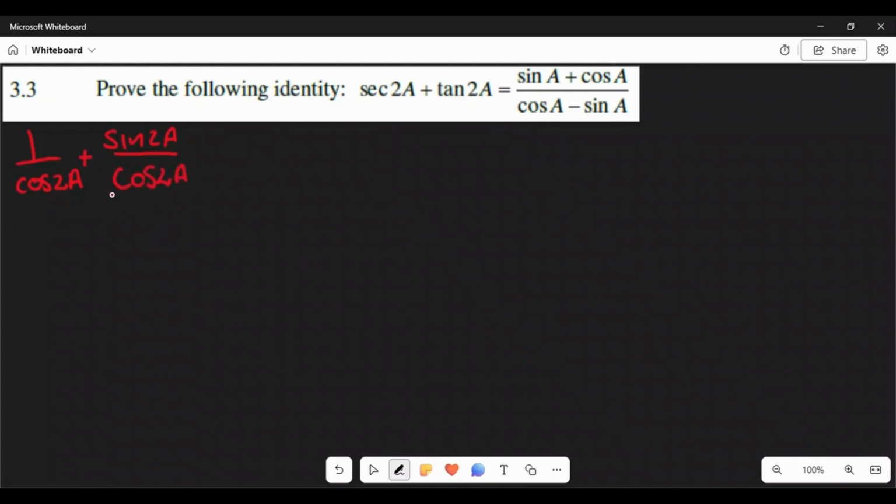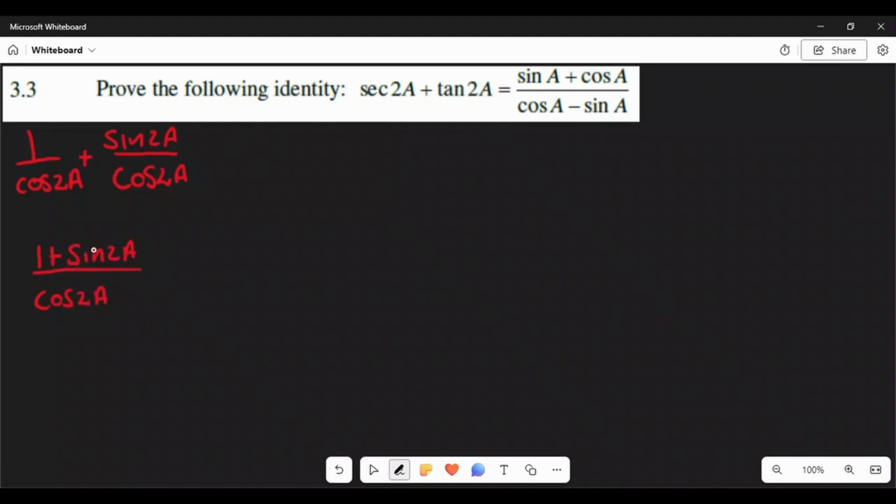As you can see, these are divided by the same denominator, so we add the numerators: 1 plus sine 2a, divided by cos 2a.